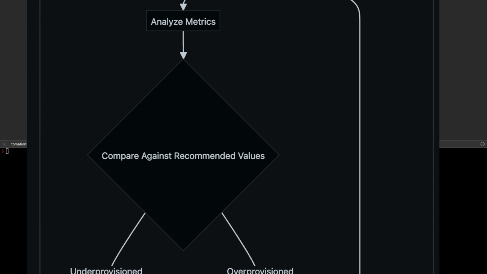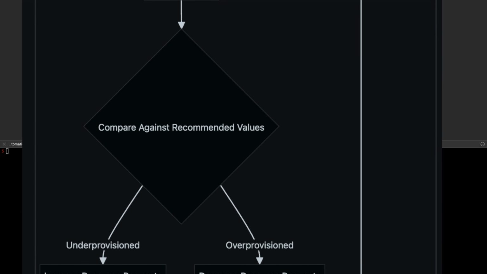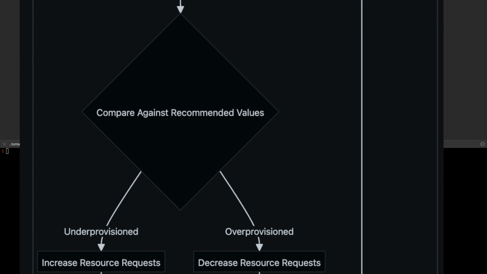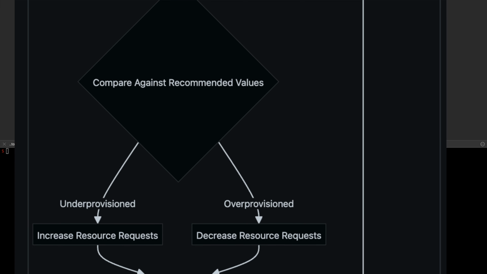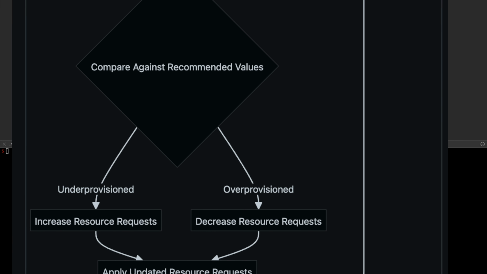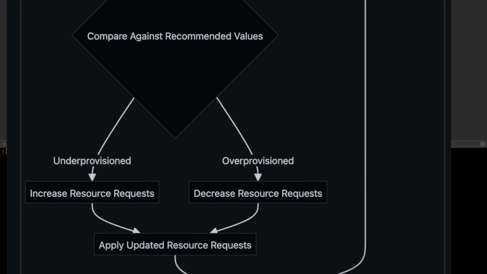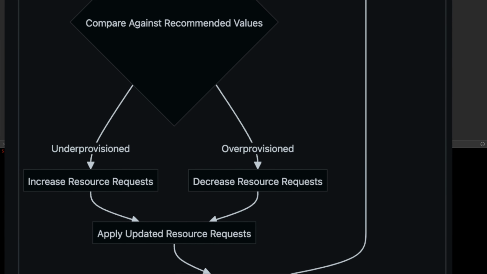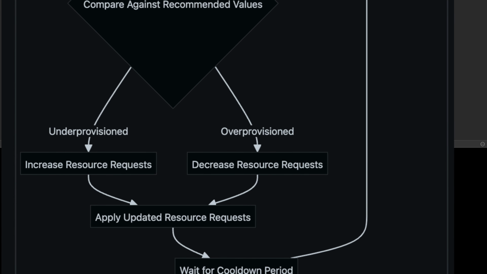The analysis checks if the current requests are under-provisioned or over-provisioned compared to recommended values, and it increases the resource request if the pod is under-provisioned. VPA increases it. If it is over-provisioned, VPA decreases the resource request accordingly and applies the updated resource request by updating the pod specification.